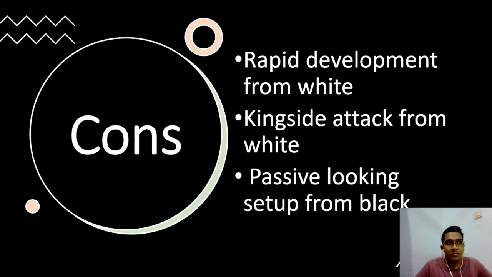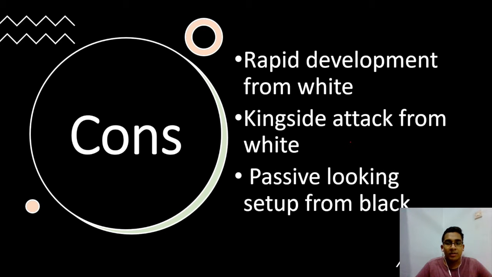These two disadvantages are actually linked with one another, and the third one is the passive looking setup from black. From what you can see here, you may think that the Sicilian defense is advantageous for white and disadvantageous for black, but actually that's not the case here. In my opinion, what actually determines the outcome is not the position but the knowledge of the Sicilian defense, because the Sicilian defense has a lot of different types of variants.